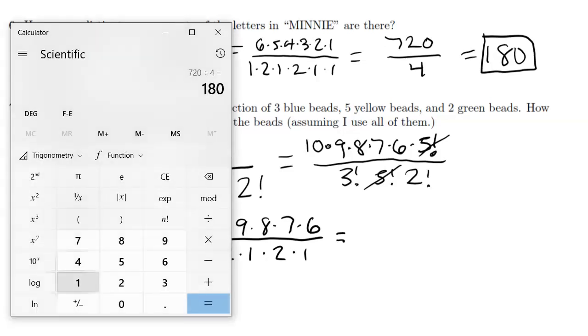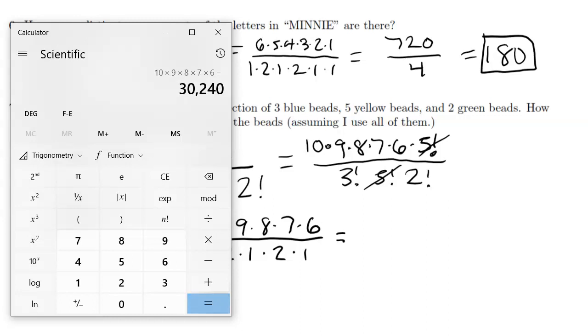So if we compute those, 10 times 9 times 8 times 7 times 6, let me just check it one more time, sorry. It would help if I could type right. Let's do one more time. 10, 9, 8, 7, 6.